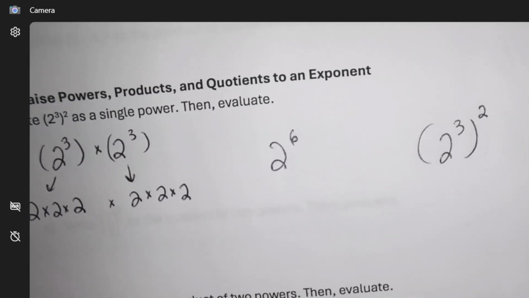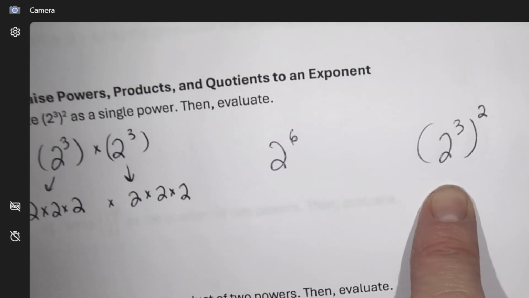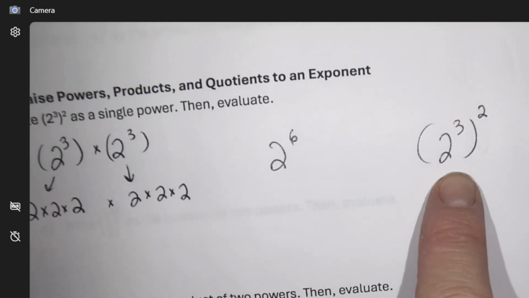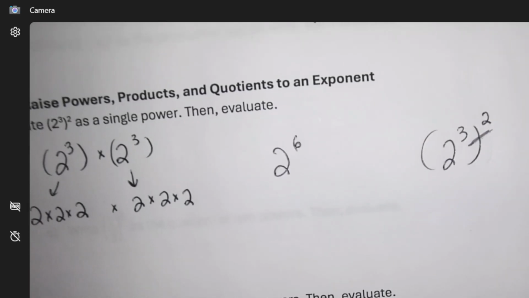Does anybody want to think of a rule? So how did I get 2 to the 6th of that? You multiply.